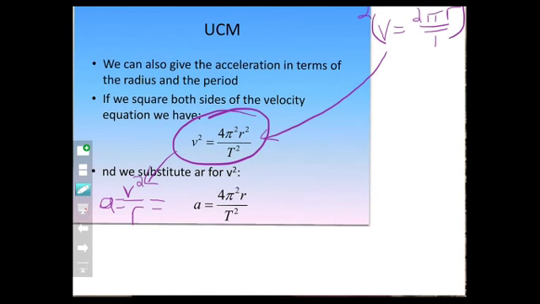What we end up with is the acceleration equal to 4 pi squared r over T squared, because one of the r's on top cancels with the r on the bottom. Now we have it in terms of radius and period rather than speed and radius. Depending on the situation, and on what measurements you're making or what data you're given, that will determine which equation you use.